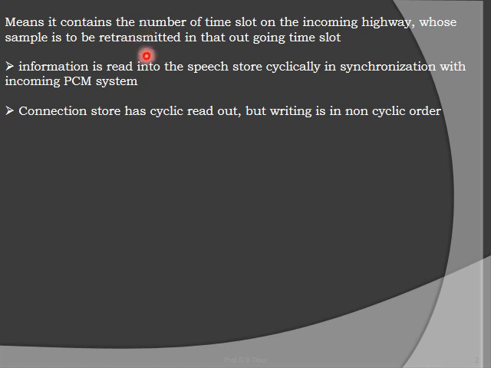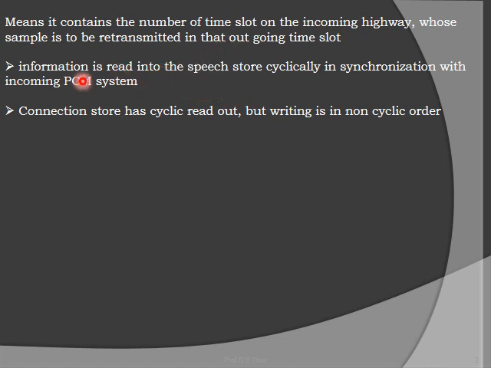In the same way, whatever speech sample is coming in a particular time slot of the particular incoming PCM highway will be written at the particular address in the speech store. At the same time, the old one will be updated in the corresponding outgoing time slot Y kept in the connection store. That will be decoded, and the corresponding speech will be read back and sent. That is the meaning here.